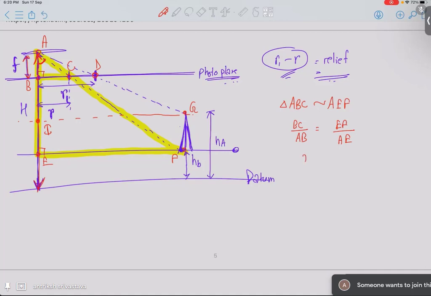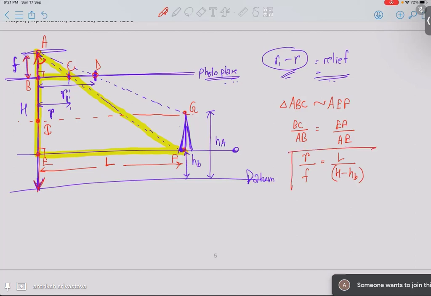So BC is nothing but R, divided by AB, which is the focal length. EF is the distance from the perfectly perpendicular drop from the plane to the bottom of the tower. Let's just call it L. This is not very significant. And AE is nothing but H minus HB, the height of the plane minus the height of the bottom of the tower from the datum.